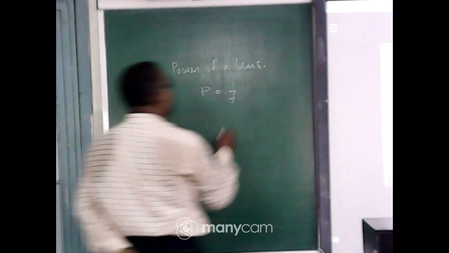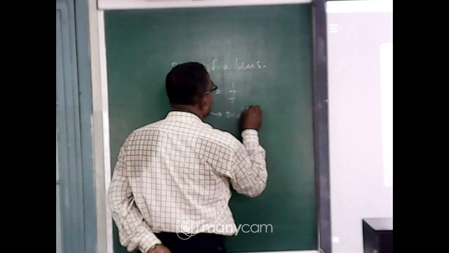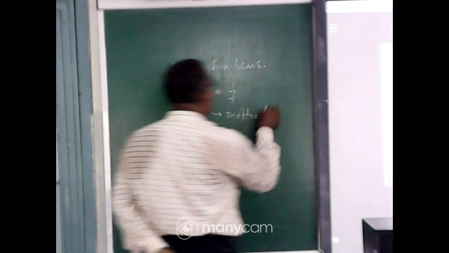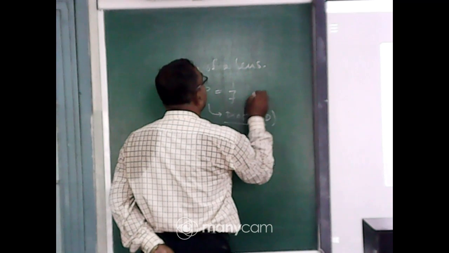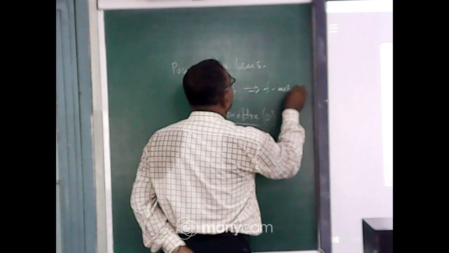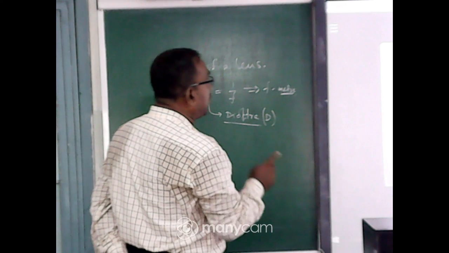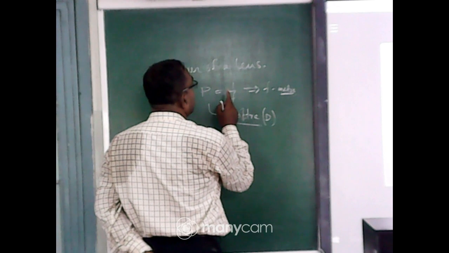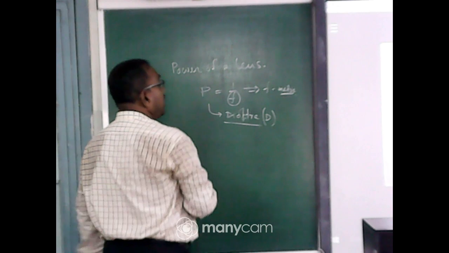But interesting is this, the unit of the power is diopter, denoted by the letter D. When it will be the diopter? When you consider the unit of focal length in meter, that time the unit of power of the lens is a diopter. So you must be sincere about the unit of the focal length of the lens.